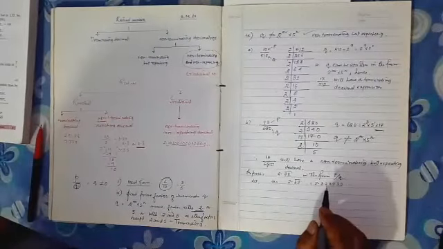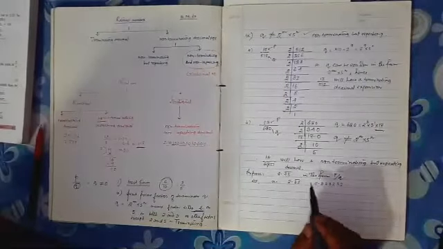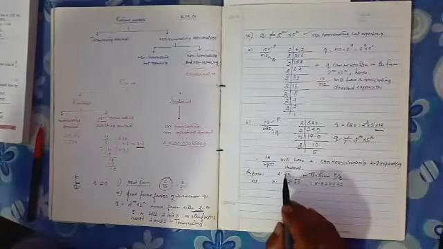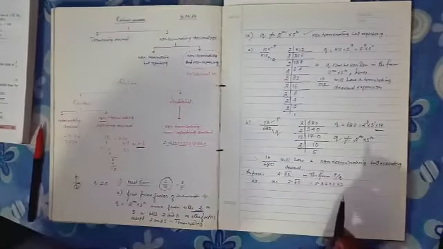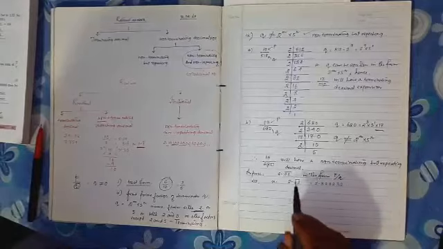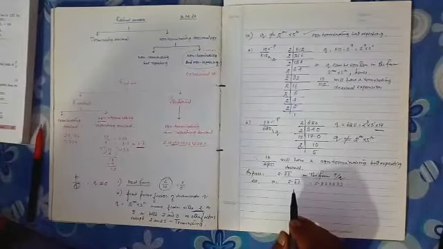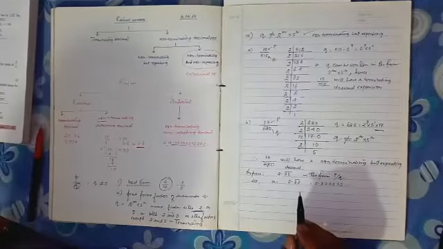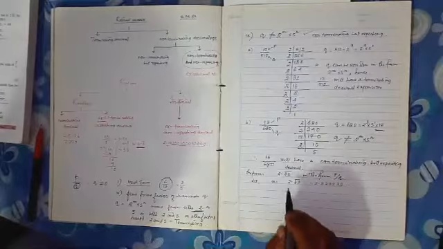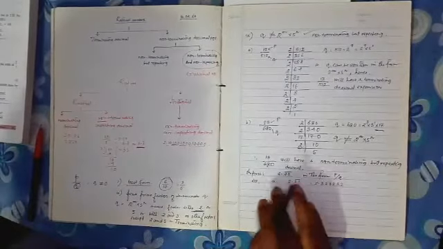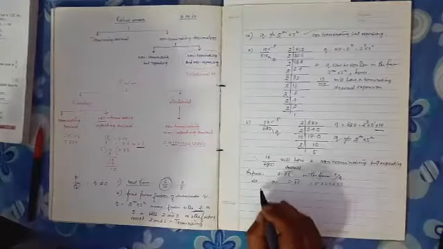Now let us multiply this one. Since there are two digits under the bar, we need to multiply by 1, then 0, 0. Always 1, then as many 0s as the number of digits under the bar. So 1, 0, 0. We need to multiply this equation by 100.